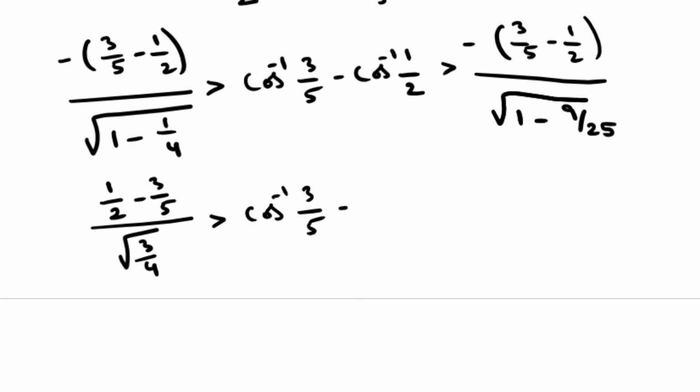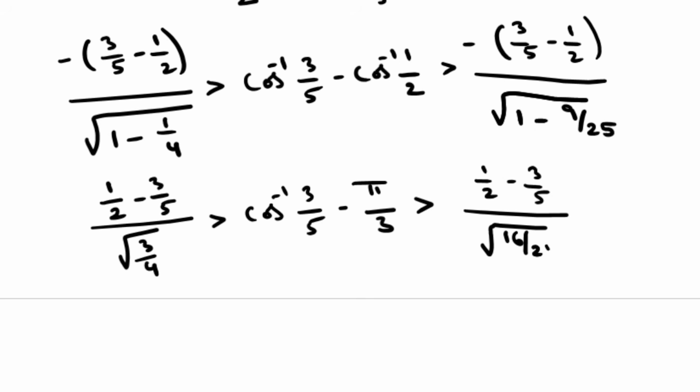Cos inverse of 1 by 2 is pi by 3, greater than 1 by 2 minus 3 by 5 divided by under root of 16 by 25.